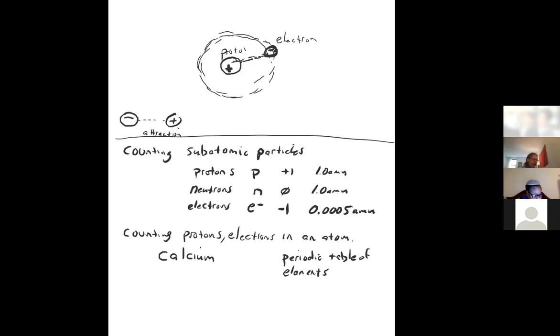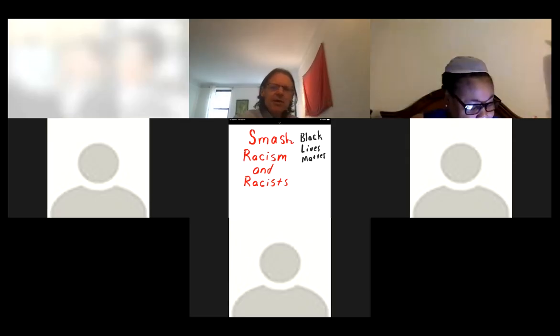So let me do this. I'm gonna come up here. Actually, you know what I'm gonna do? I'm gonna stop share, and I'm gonna try to bring one up for you, just so you can see it.